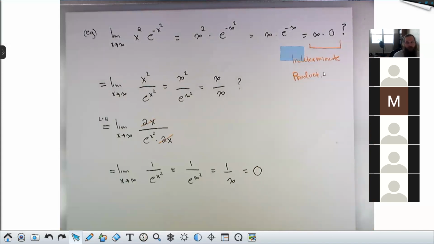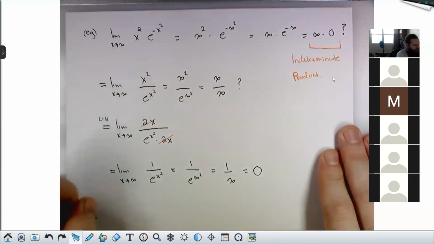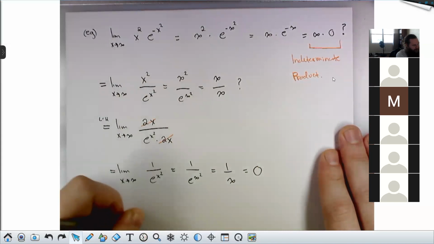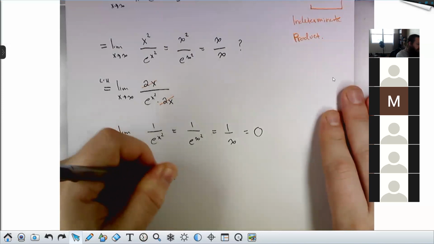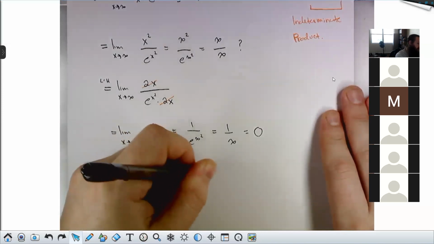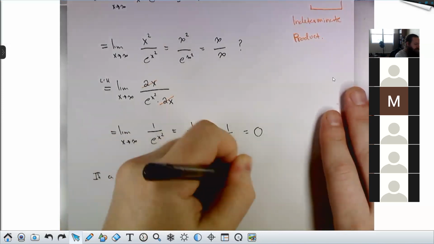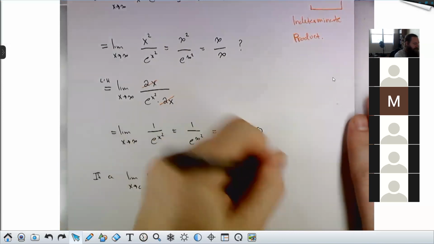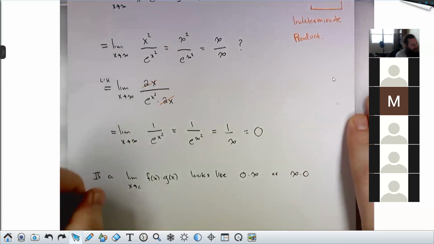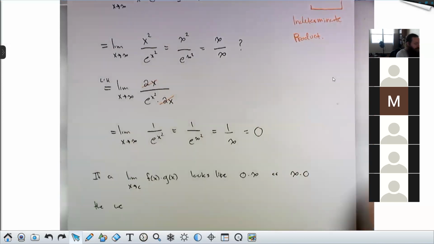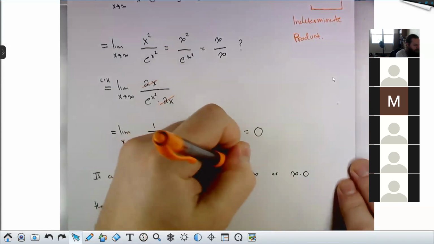And this is how we handle indeterminate products in general. So if the limit as x goes to c of f of x times g of x looks like 0 times infinity or infinity times 0, then we rewrite, because these are called indeterminate products.